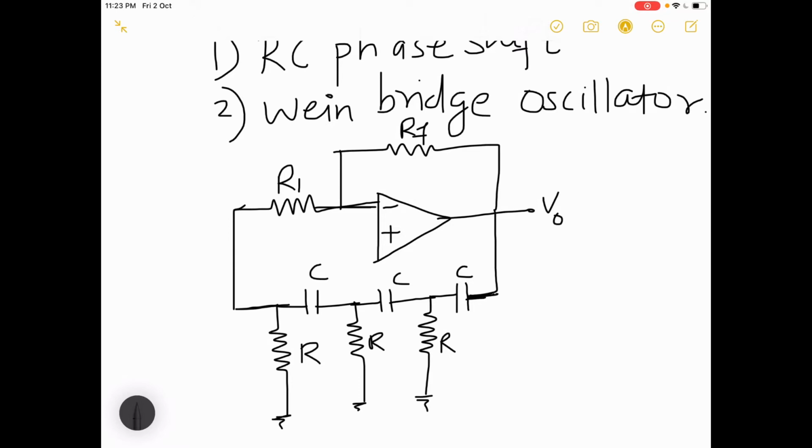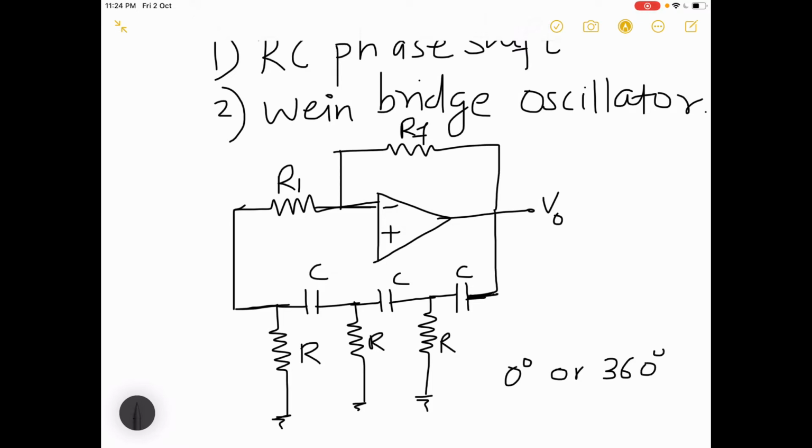Now, how does this circuit work using op-amp? For oscillators one criterion is very important, that is the Barkhausen criterion. This is the condition for oscillations to take place. So, what conditions are there? The first condition is that the total phase shift of the amplifier and feedback loop should be 0 degree or 360 degree.